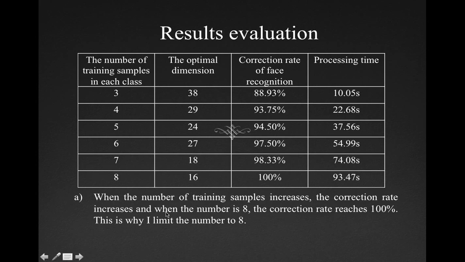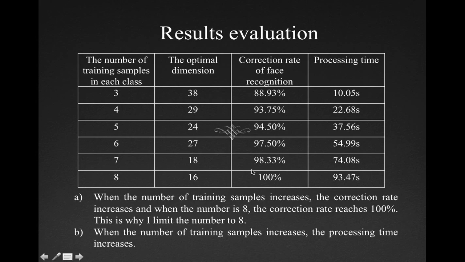And we can find that when the number is 8, the correction rate is 100%. So this is why I limit the number to 8. Then, when the number of training samples increases, the processing time also increases. This also proves that I need to limit the number to 8.